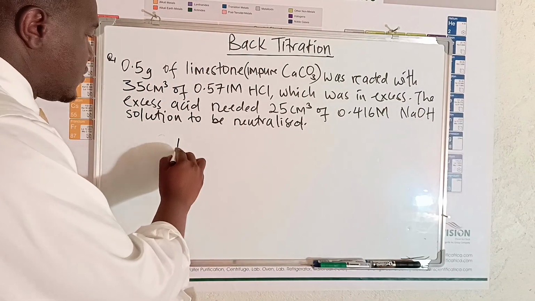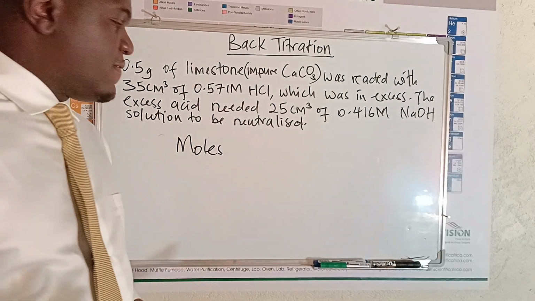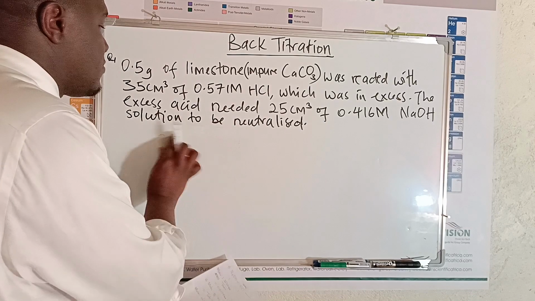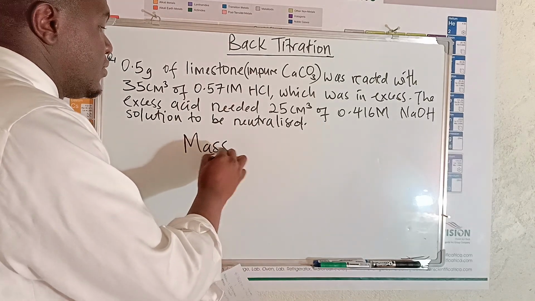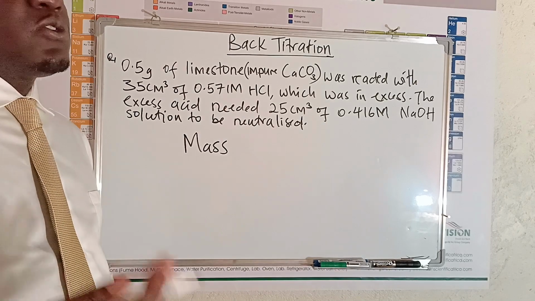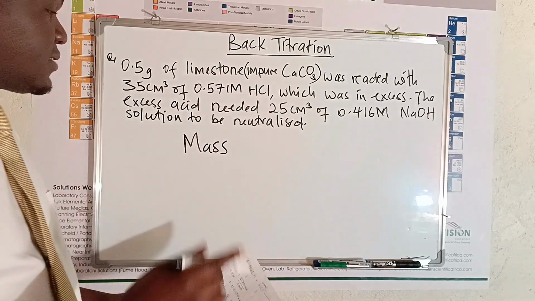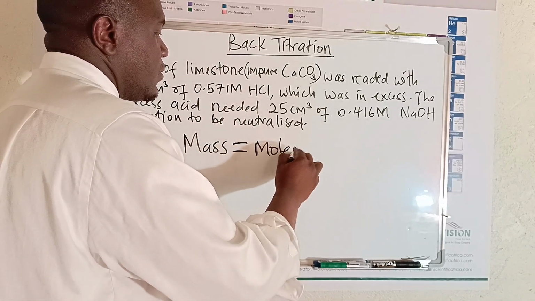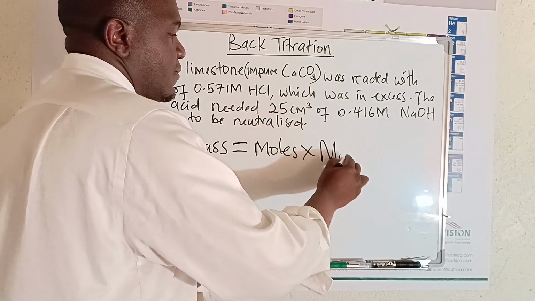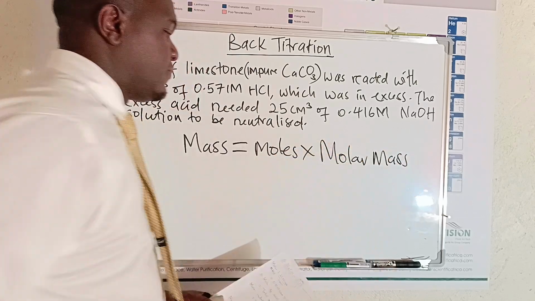We know that you can get the mass, not the moles, sorry. You can get the mass of a substance if you know the moles and you know the relative formula mass or molar mass. So mass is equal to moles times the molar mass.